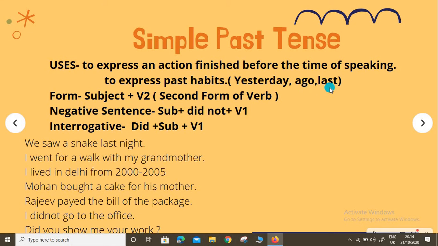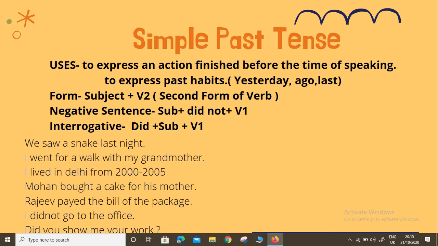ago, and last. So I repeat again, simple past tense refers to an action which is finished before the time of speaking, or expresses some past habits, or an event which occurred at a particular point in the past.